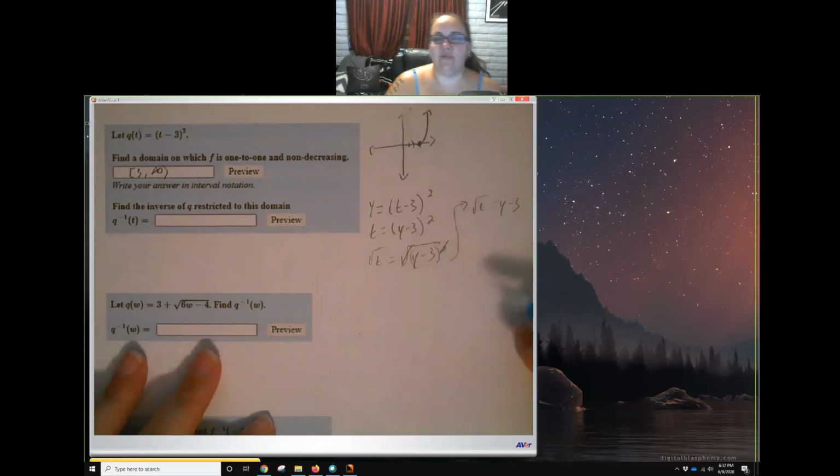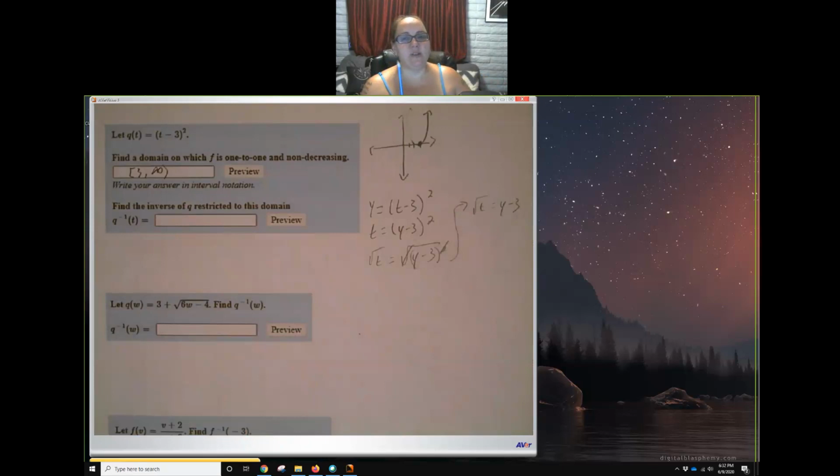So then we have the square root of 3t equals y minus 3. Now I also want to make a note that I know that at one point I mentioned that every time we're solving equations, we should be putting plus or minuses in front of square roots. Inverses are the exception to that rule because we're not looking for what number when squared would give me another number. We're trying to find the inverse of a function. And if we made it plus or minus the square root of t, we would have something that was not a function.